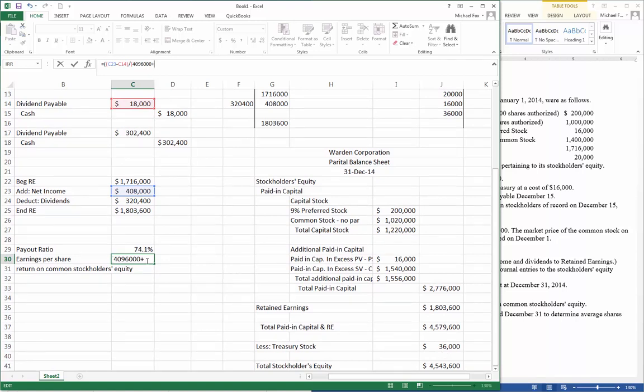And that gives us $4,327,600. And divide that by 2.